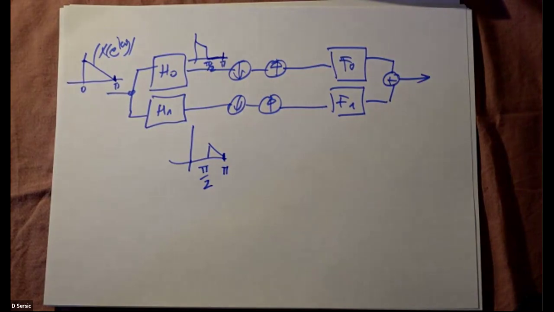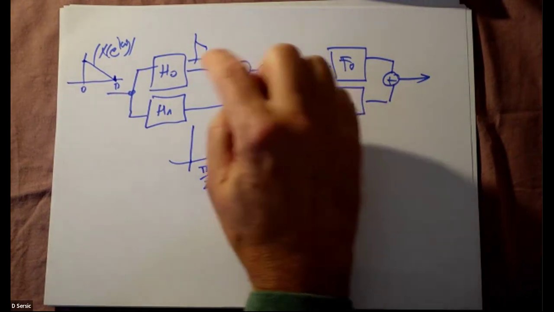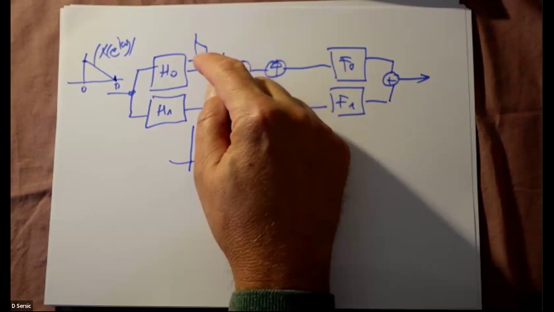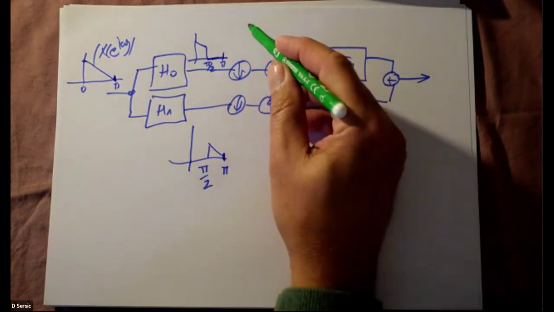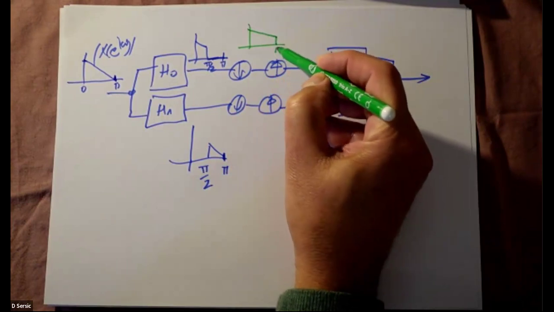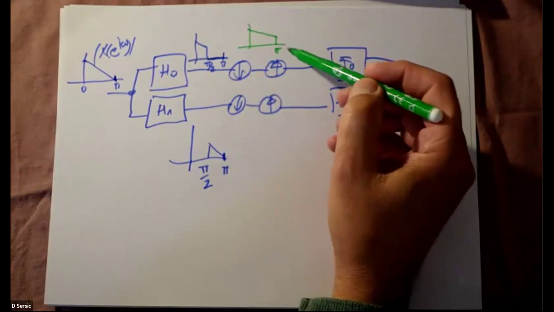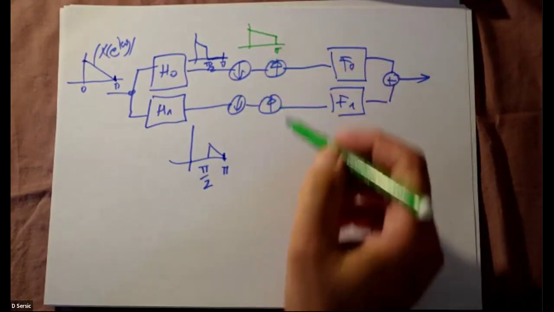Okay, so right here we have a decimation, which means that this spectrum will be expanded from pi half to pi. So the same picture, but expanded to pi. And here it will also be expanded.